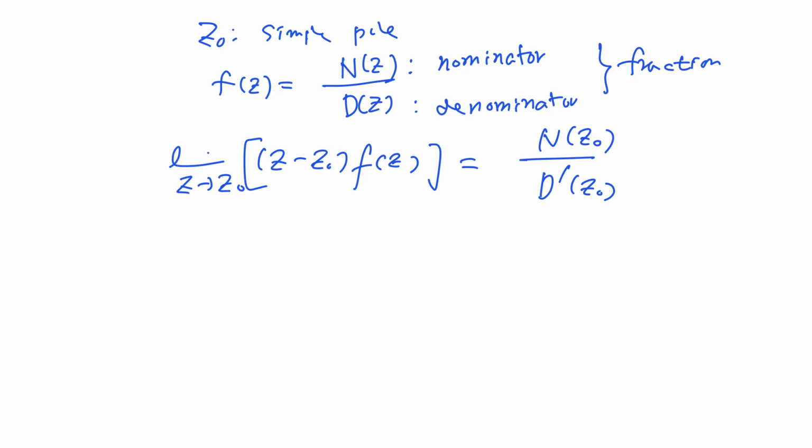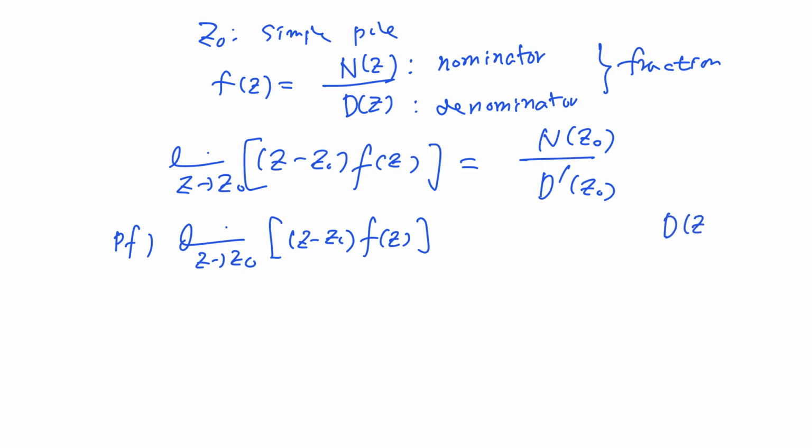This proof is very simple. We know that q(z naught) is equal to 0, right? Because it does have a pole.